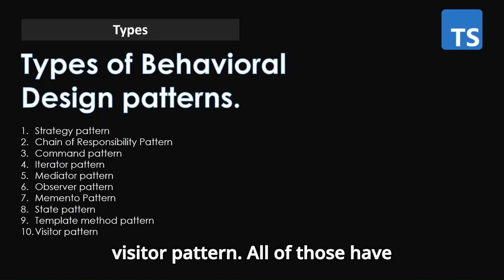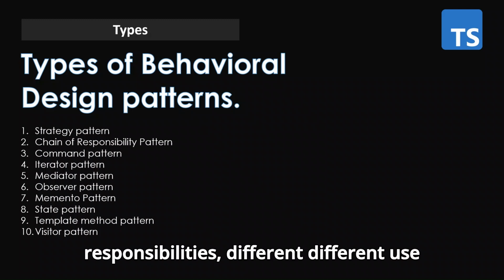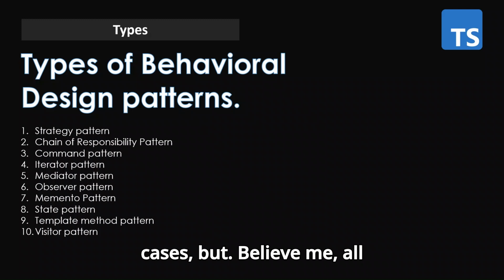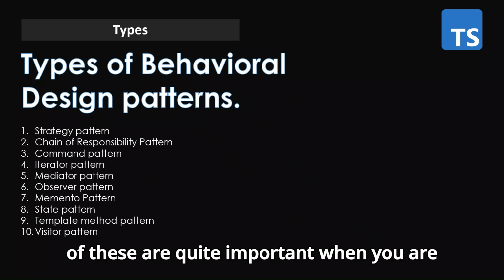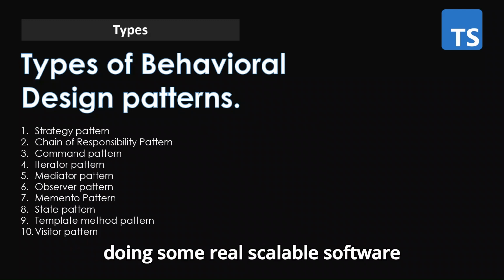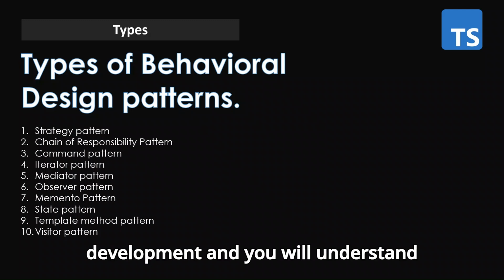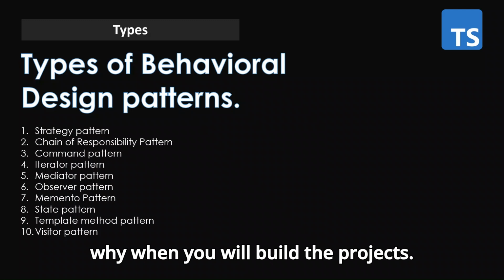All of those have different responsibilities and different use cases, but believe me, all of these are quite important when you are doing some real scalable software development. And you will understand why when you build the projects.